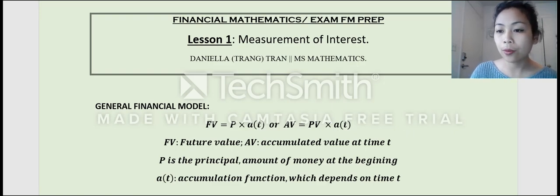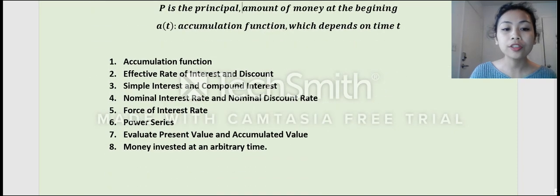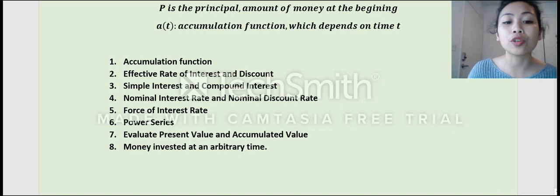Today we will go over some main points. The first thing we will go over is the accumulation function. We will consider some definitions and basic concepts in the accumulation function.